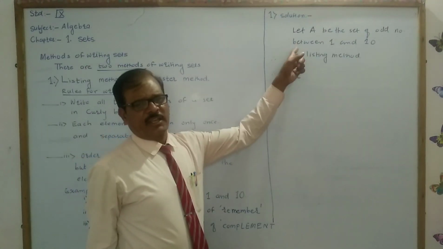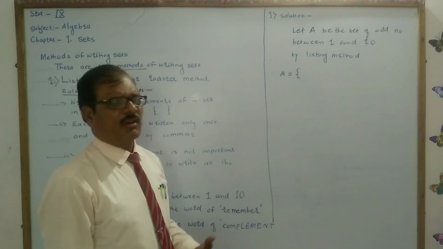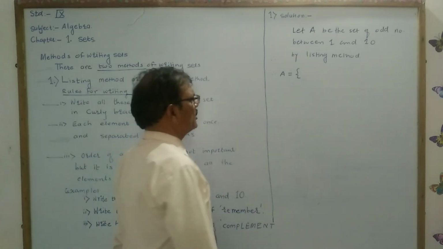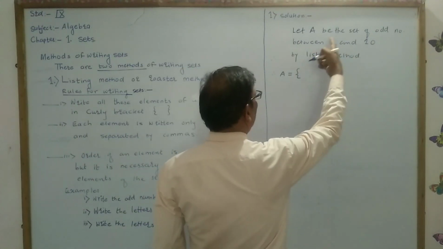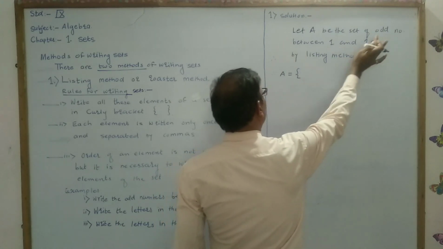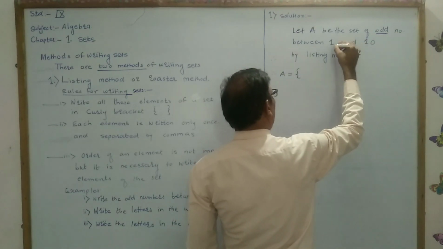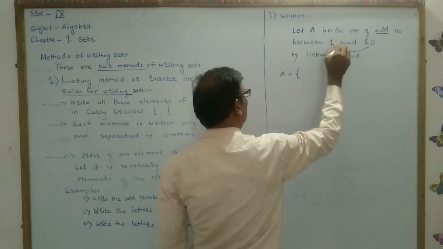Any set can be represented by a capital letter, as we already learned. By using the listing method, write those numbers between 1 and 10. Which numbers do you want? Odd numbers.